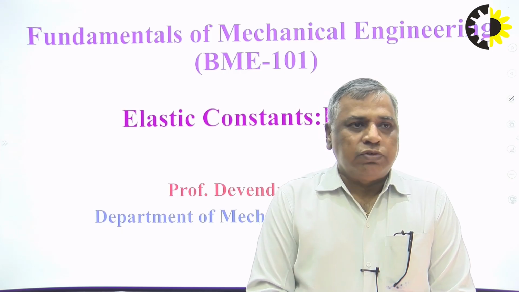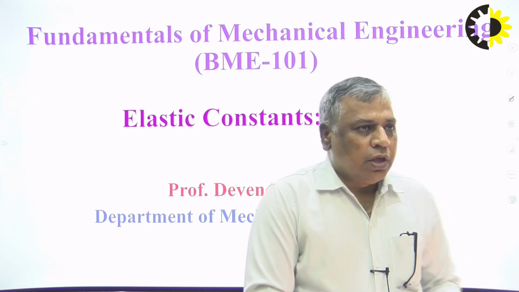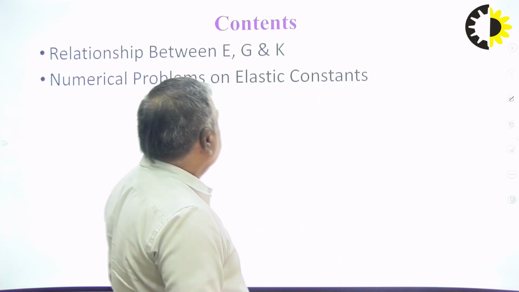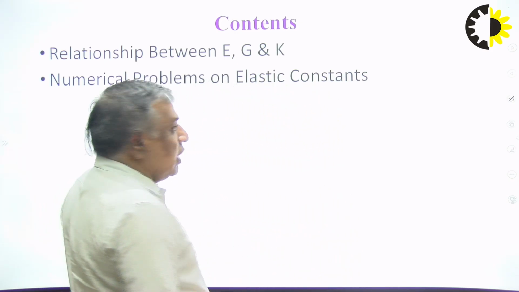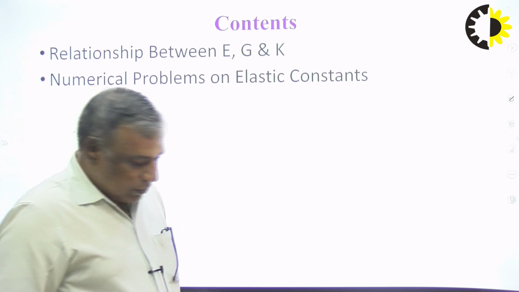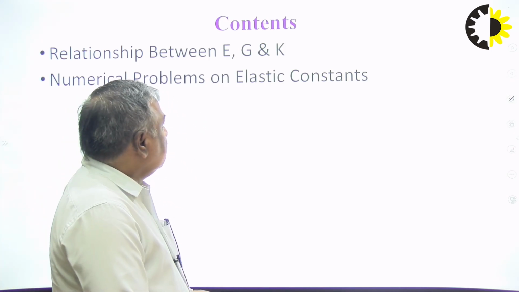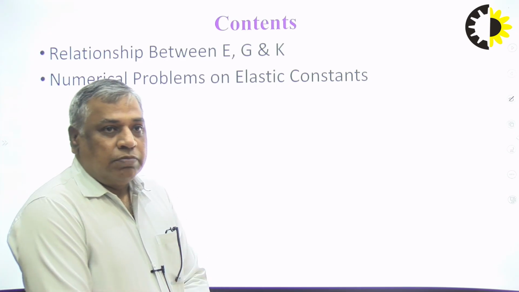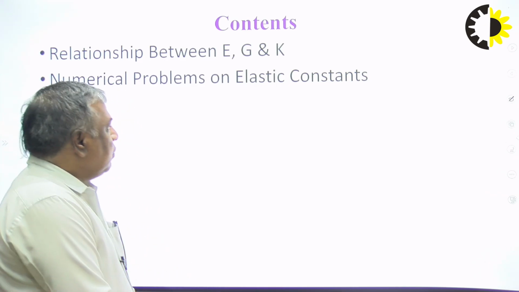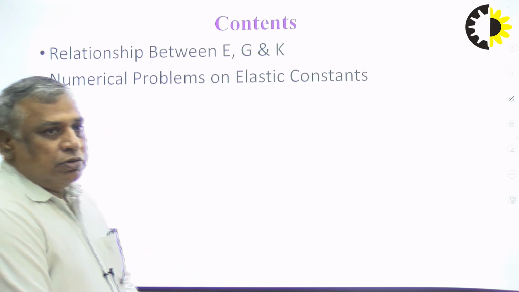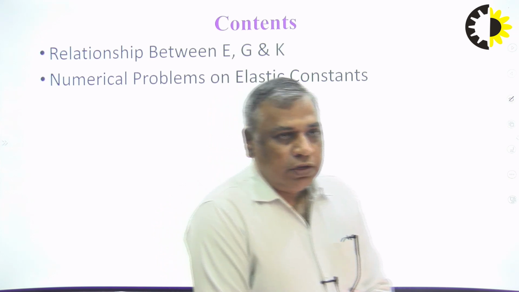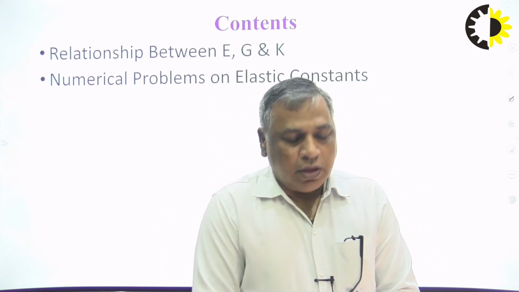In this lecture, we will discuss the relationship between E, G and K. E is the modulus of elasticity, G is the modulus of rigidity and K is the bulk modulus. And then we will attempt some numerical problems to determine the values of these elastic constants.